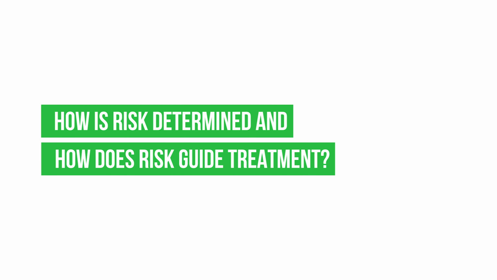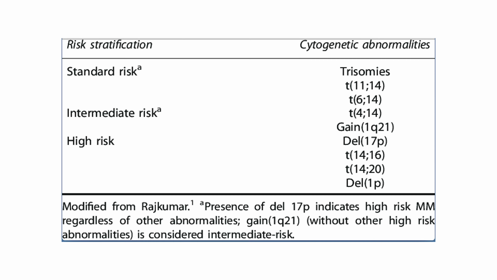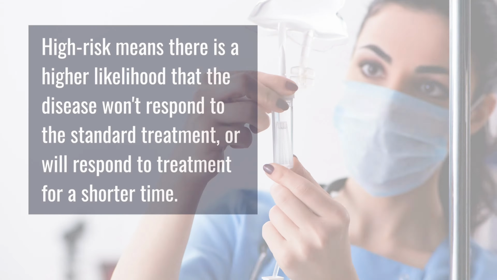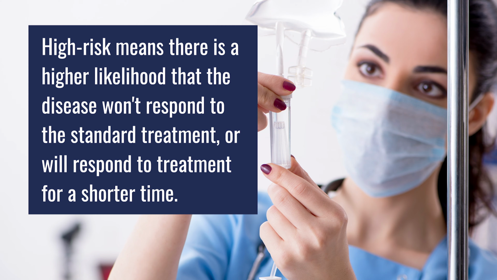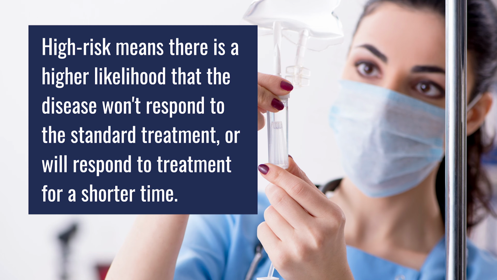How is risk determined, and how does risk guide treatment? So this is a very controversial area right now, and one where there's a lot of research going on. But there are certain abnormalities within the bone marrow chromosomes that lead to what we call higher risk disease. Higher likelihood that the disease either won't respond to standard treatments or will respond, but only for a short duration of time.